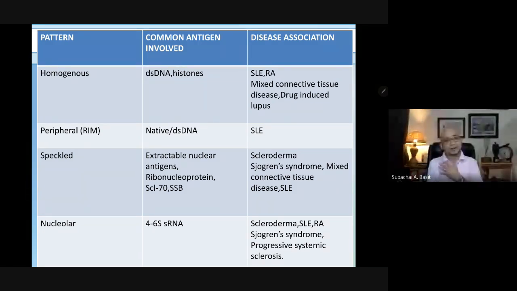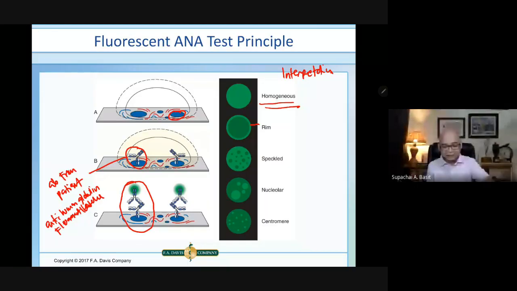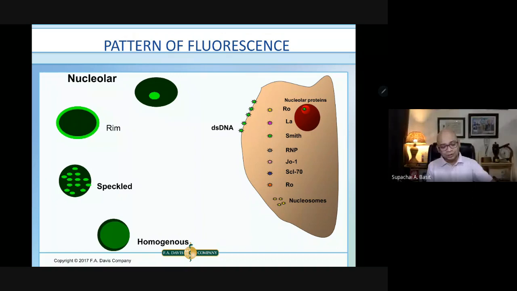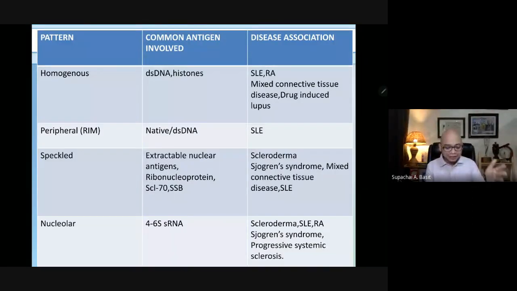So for example, if you are able to observe homogeneous, meaning all throughout the cells, the pattern of fluorescence is the same. So it means that you are able to see double-stranded DNA, and the diseases associated with it could be SLE, mixed connective tissue disease, drug-induced lupus.